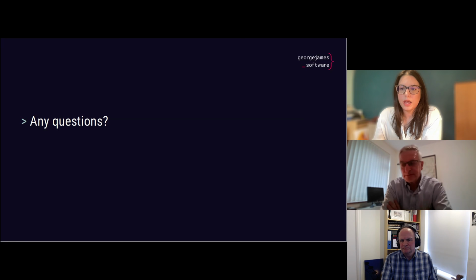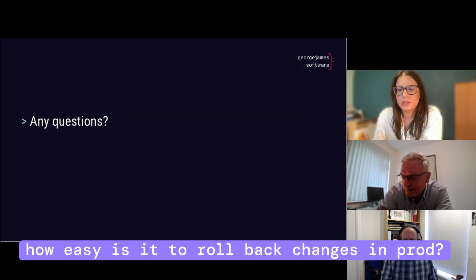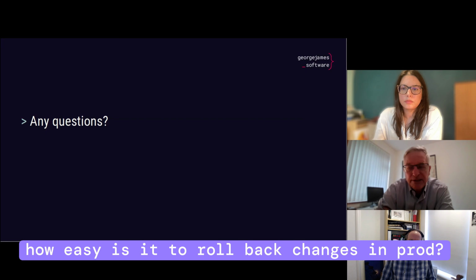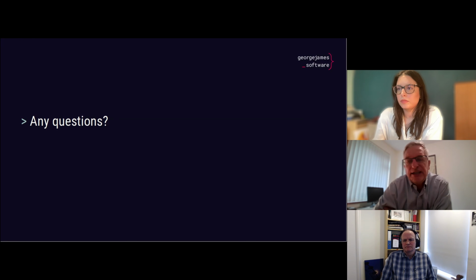And then another question, how easy is it to roll back changes in prod? Yeah, when items are deployed into production, and I didn't show it in this workflow, but you can configure a rollback location or a backup location which takes an exact copy of the items that are being displaced in production, and then you can roll back from those.